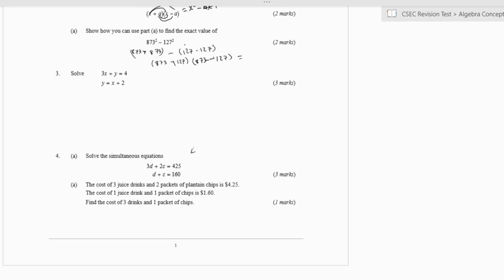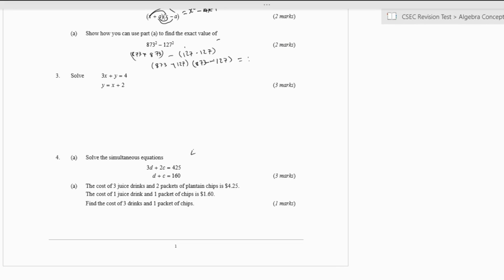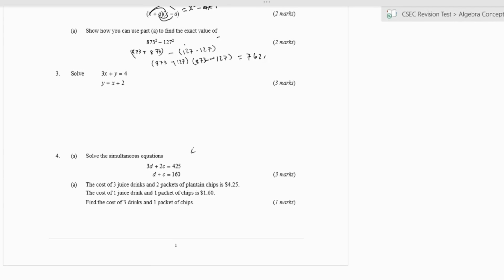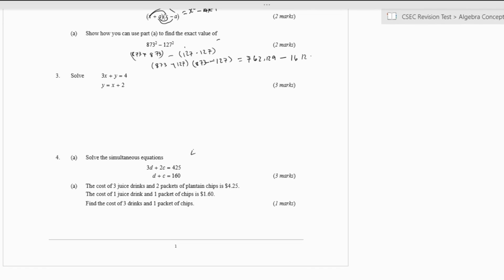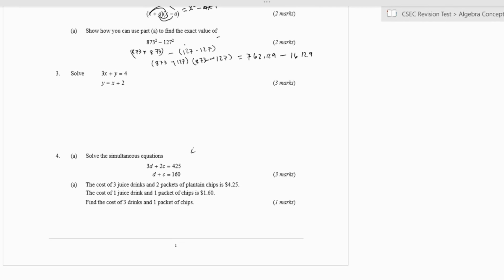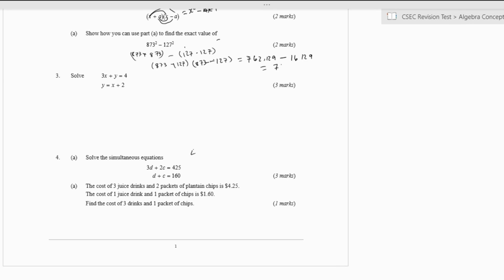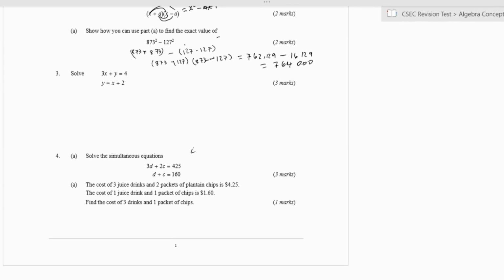For the 873 we got 762, with 127 being subtracted, and we have a 16, so we will have 764,000.